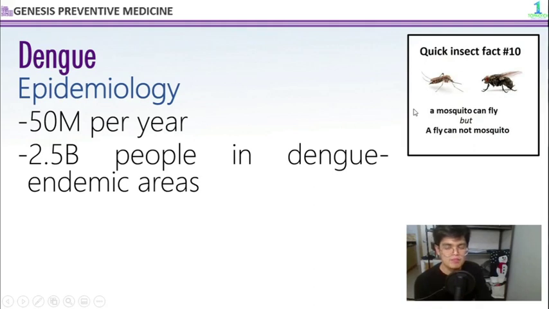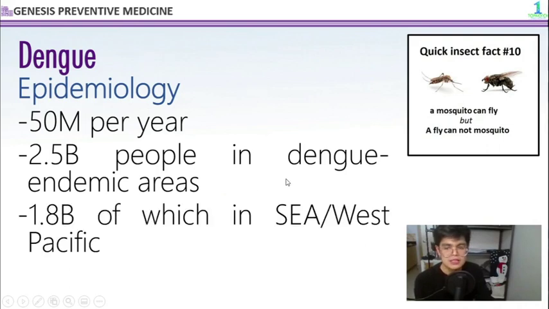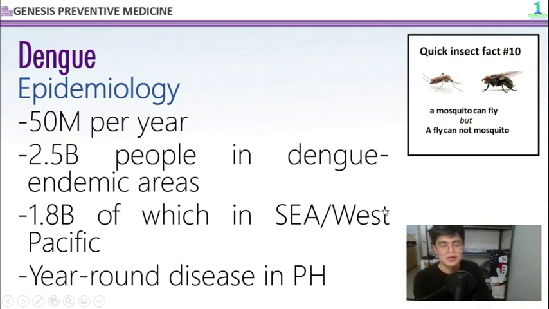So 2.5 billion people are at risk for dengue if not protected from mosquito bites. 1.8 billion of those 2.5 billion live in Southeast Asia or the West Pacific. Philippines is in Southeast Asia.